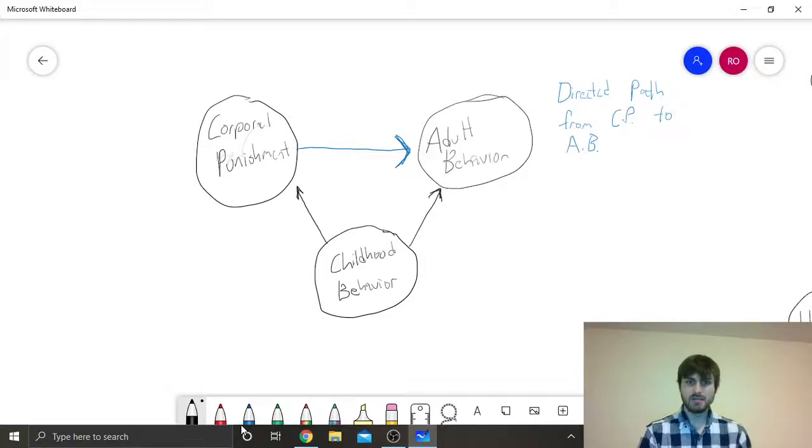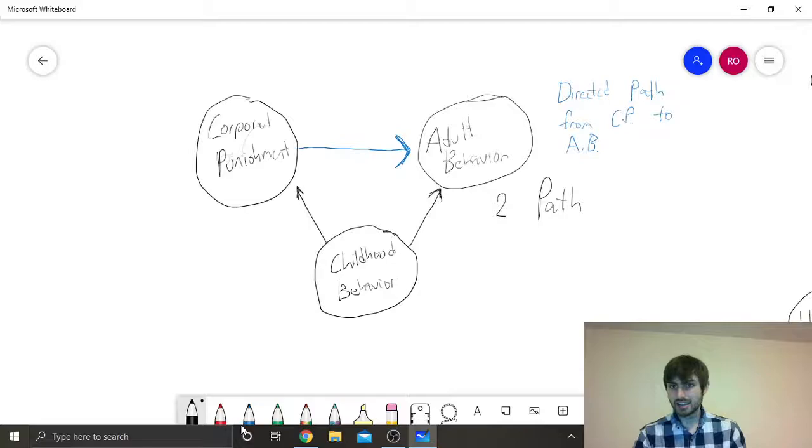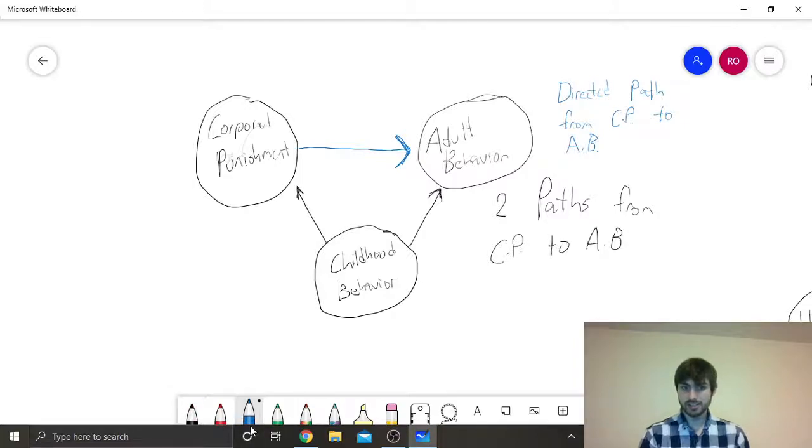Okay, and so a piece of terminology that is helpful is that there are directed paths, which are indicated by arrows, but there are also just paths. And a path is just, are there edges connecting one variable to another regardless of their direction? So there are actually two paths from corporal punishment to adult behavior. There's the first one that we already see. That's the directed path.